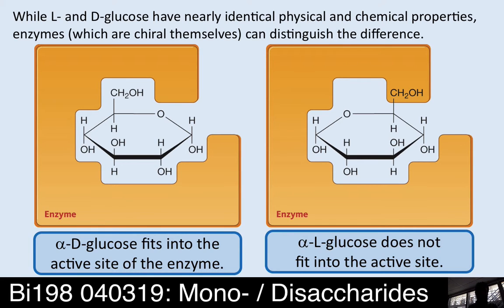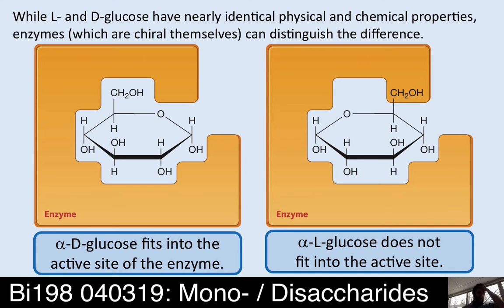Why is this? Well, it's because the biochemical transformations that happen to sugars are mediated by enzymes, big protein enzymes that have some three-dimensional structure that are going to recognize the three-dimensional structure of the sugar.